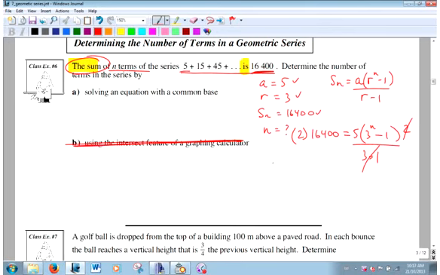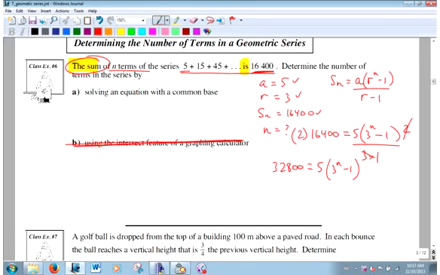So 32,800 is 5 times 3 to the n minus 1. What's our next step? You could, but it might be easier if we don't.